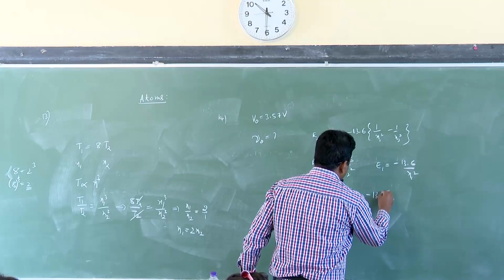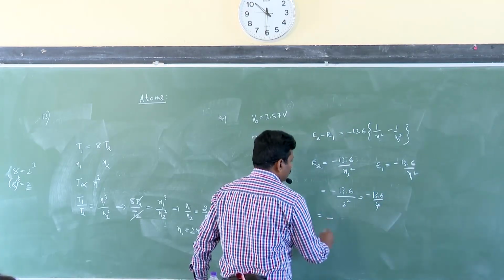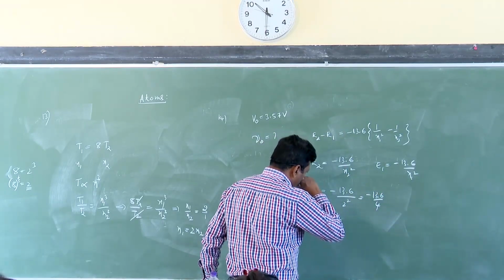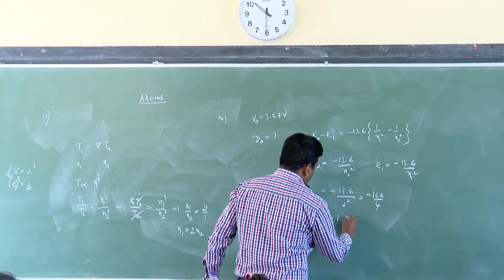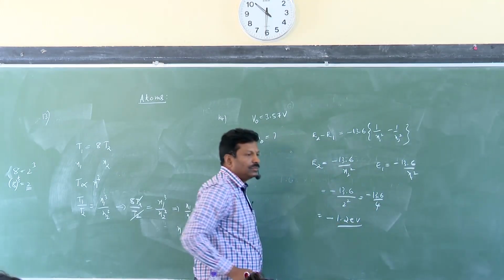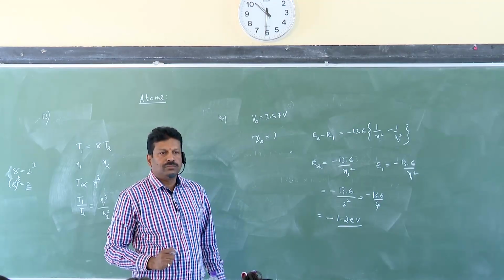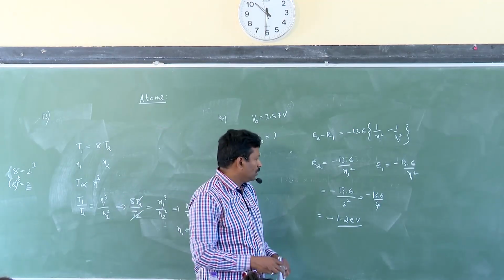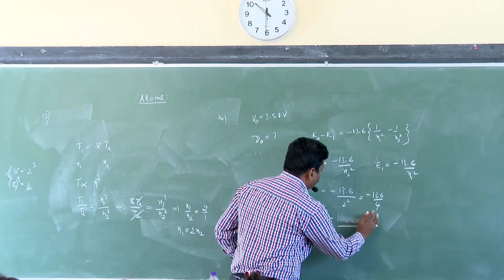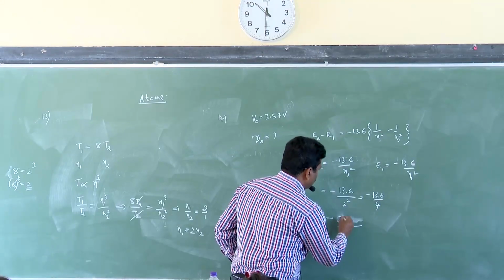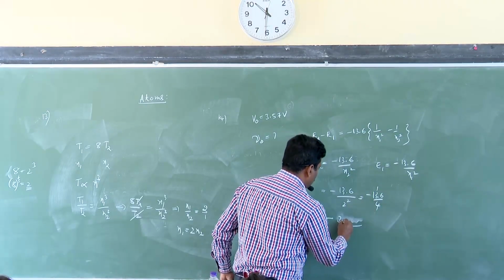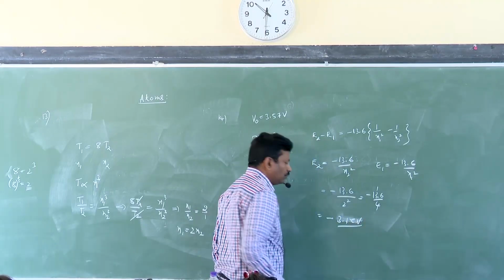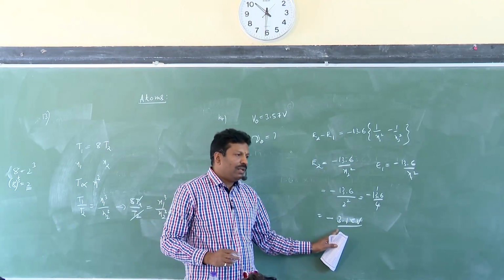Minus 13.6 by 4 is minus 3.4 electron volt.